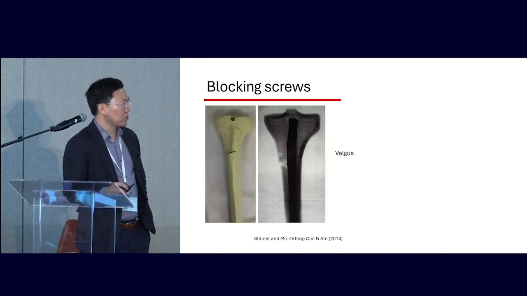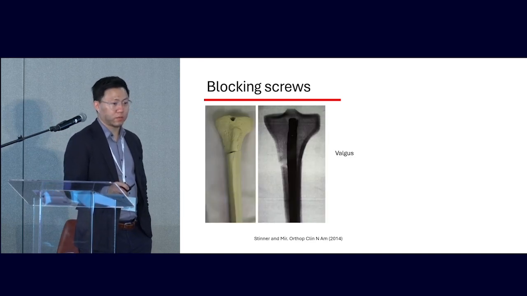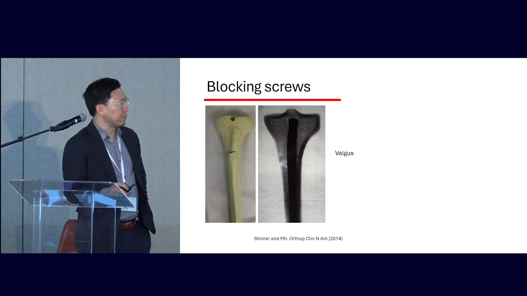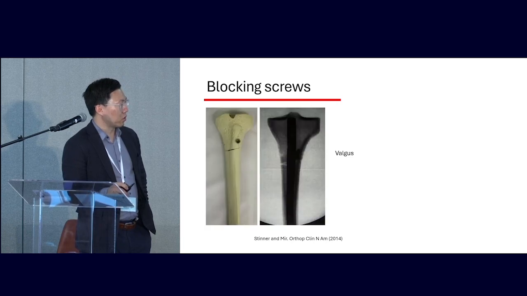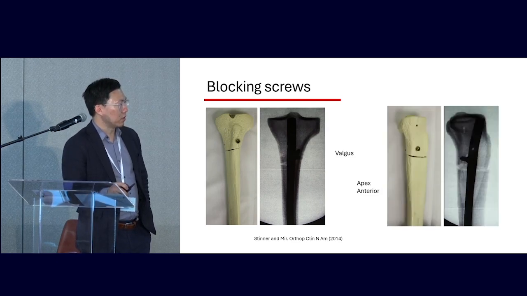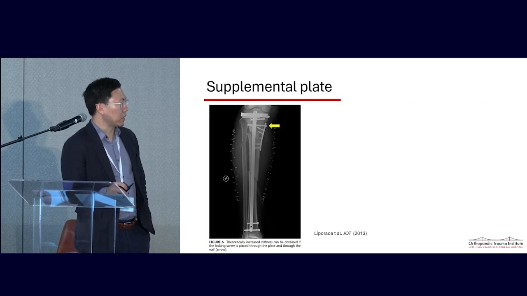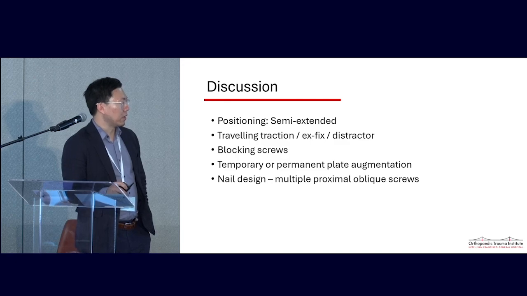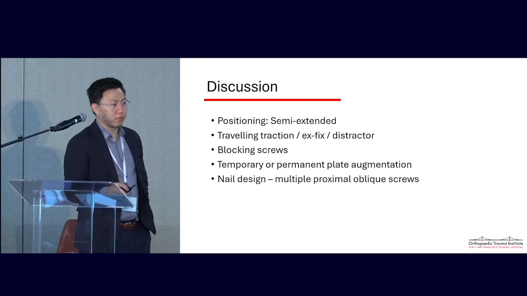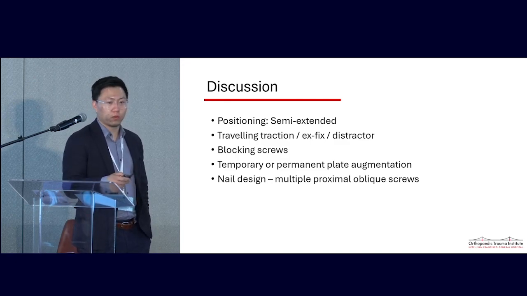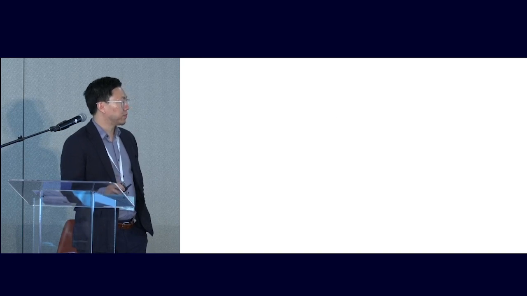I think blocking screws are definitely helpful in proximal tibia fractures, to help correct some of the deformity and also prevent any toggling or motion in the wider proximal fragments. You can even put them on both sides just to lock in the nail, and then supplemental plates as necessary. And also being aware of the nail design: how many proximal screws you have, the trajectory, where you're going to aim, and the length.